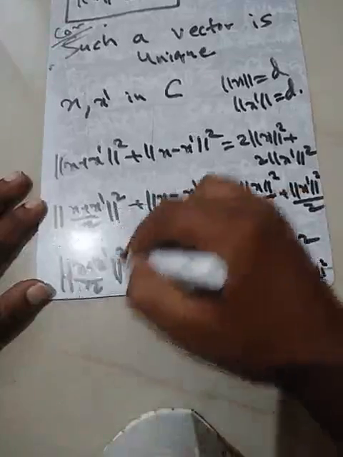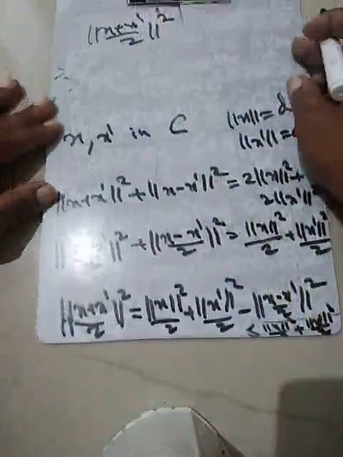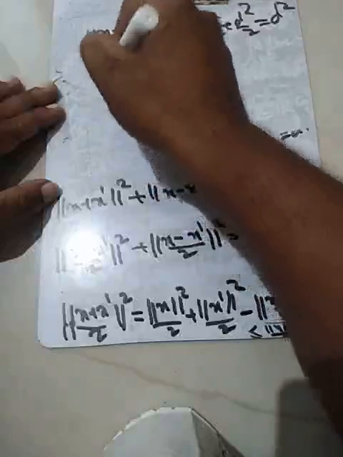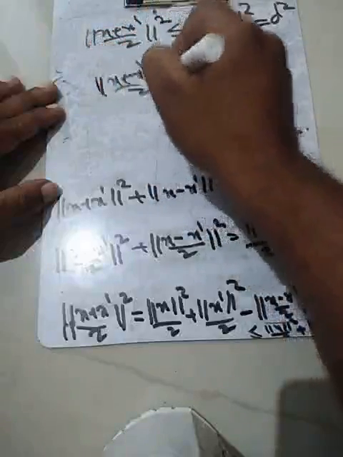So what we get is that norm of (x plus x dash) divided by 2 whole square is less than or equal to d square by 2 plus d square by 2, which is d square.